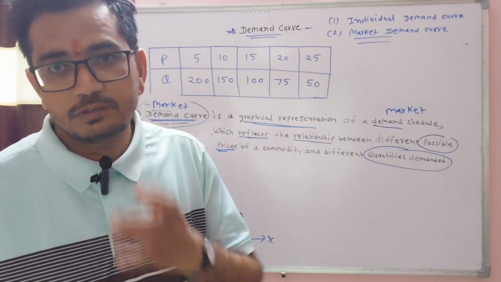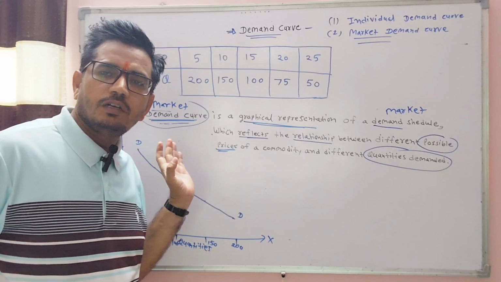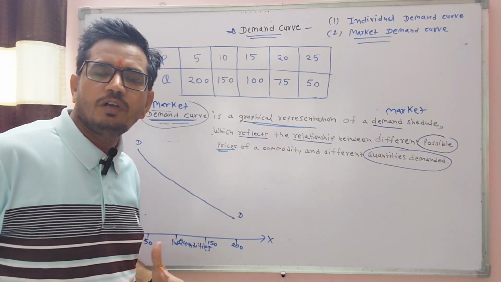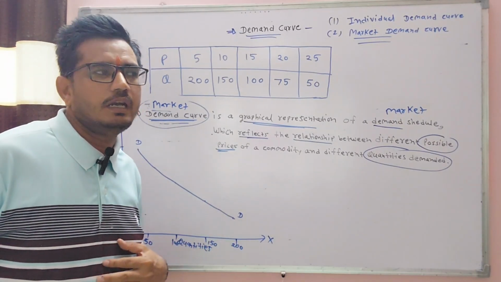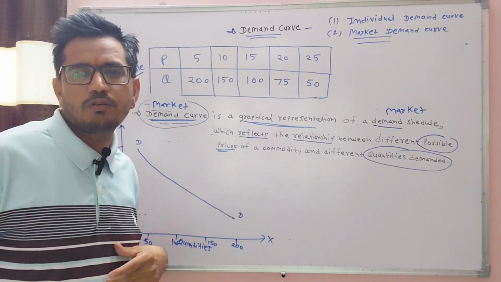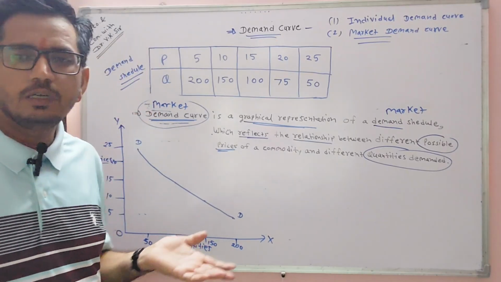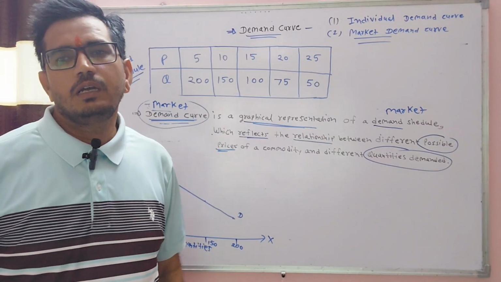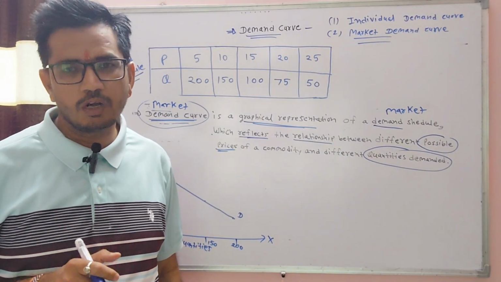When we discuss the individual demand curve, there is a consumer demand, and after that we discuss the market demand curve. There is a market demand, we can say all consumers' demand.